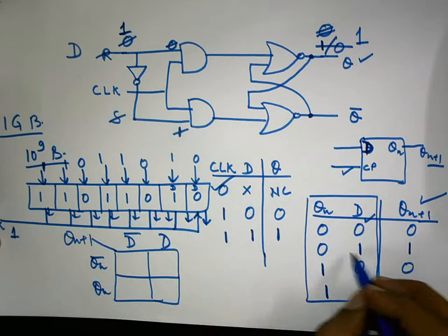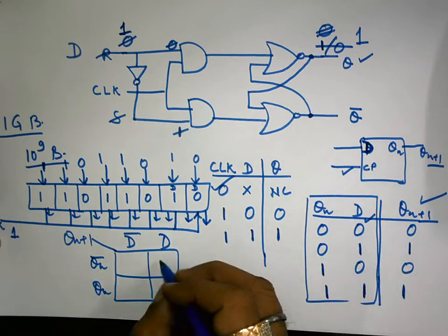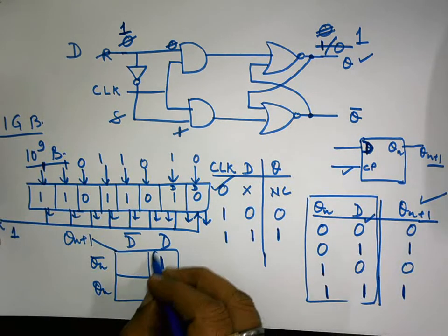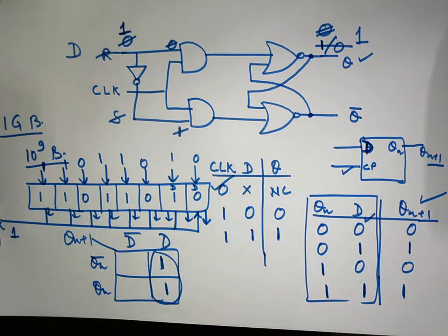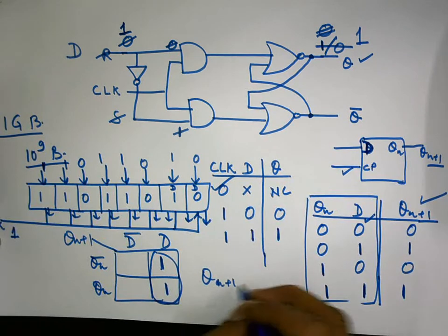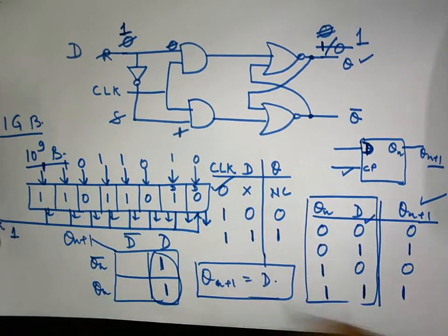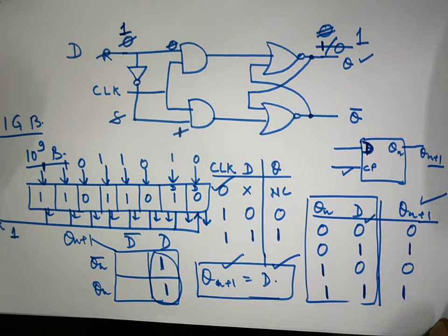So where there are 1s, that is Qn bar and D is 1, and Qn and D is 1. So Qn plus 1 is equal to what? D. This is the characteristic equation of your D flip flop. Okay. This means the output is the applied input.